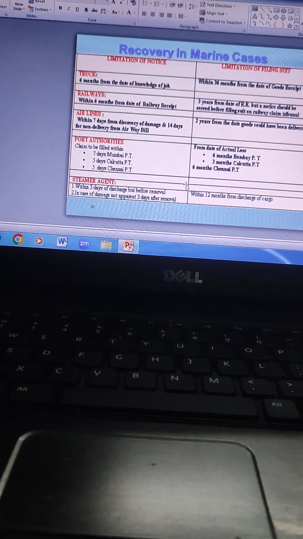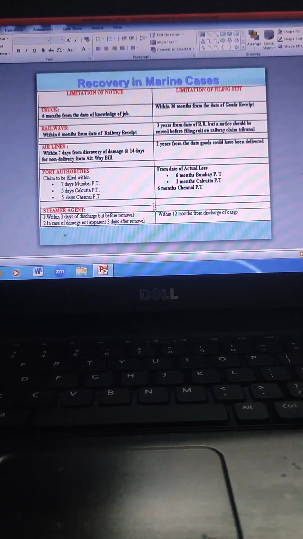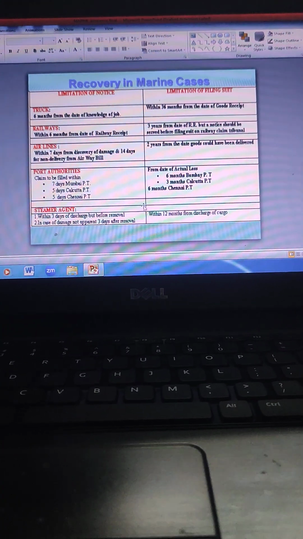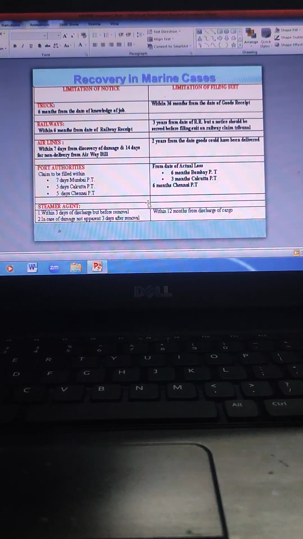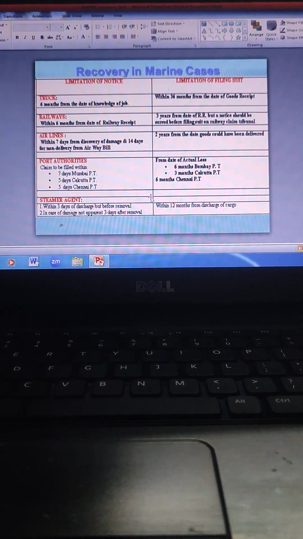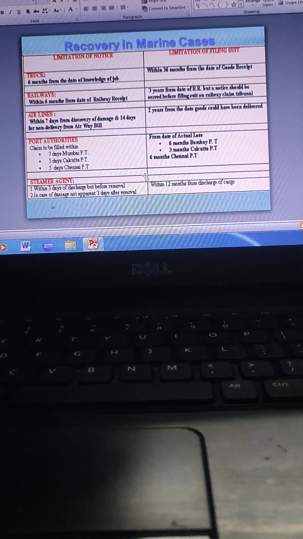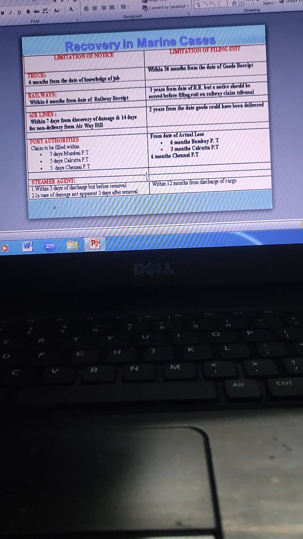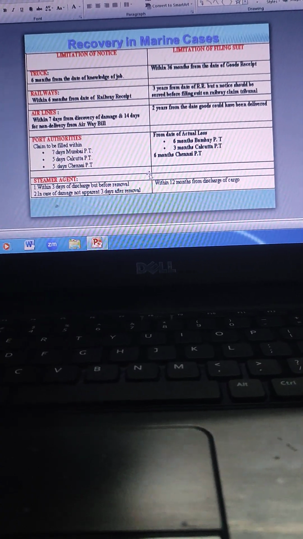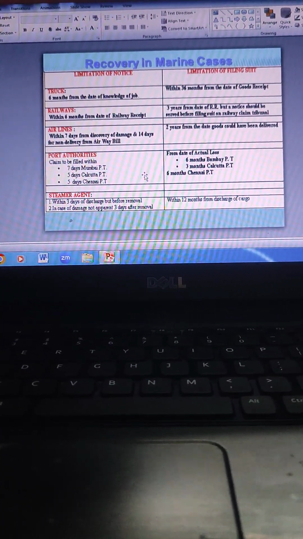Then comes the recovery in marine cases. Here there is a limitation of recovery in marine cases, and there is a provision of filing suit also for recovery from the transporters or carriers. In case of road, that is truck, 6 months from the date of knowledge of loss; 6 months again in the railway case. Airlines case, 7 days from discovery of damage and 14 days from non-delivery.